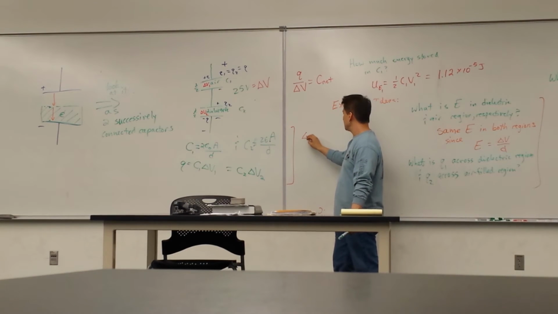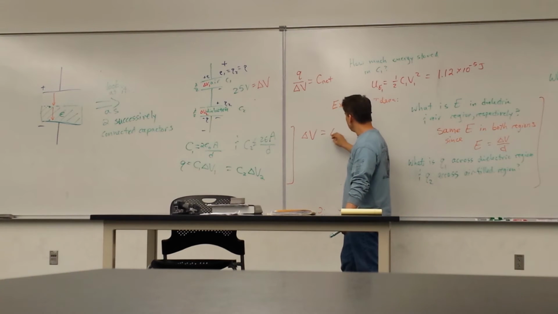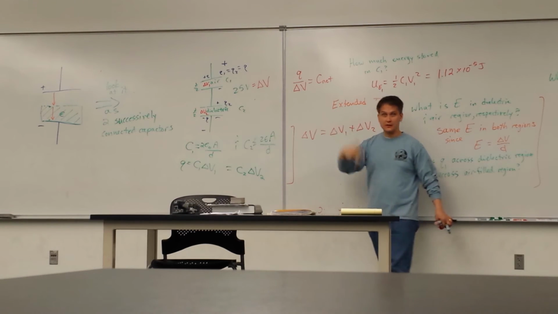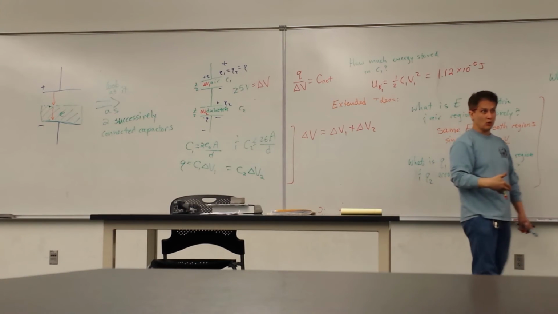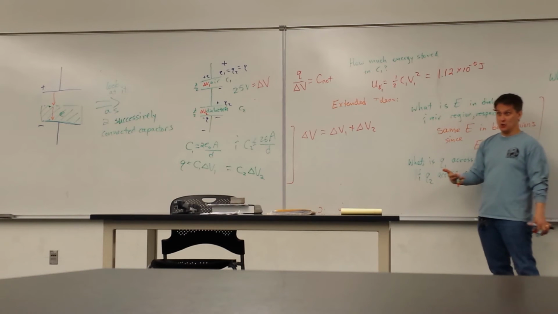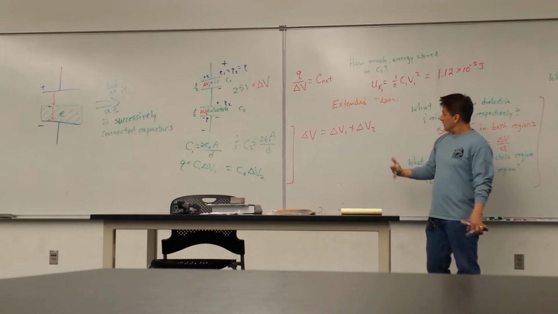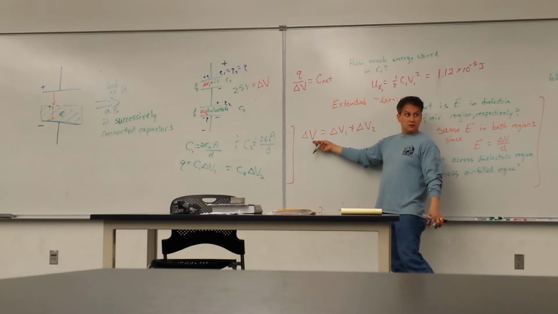And since delta V is the combination of the voltage across the first and the second, it's potential energy. So you're going from one side to the other, you're climbing down a hill if you go 25 volts. Combination of the two is your total voltage.